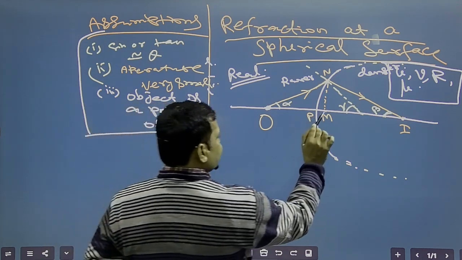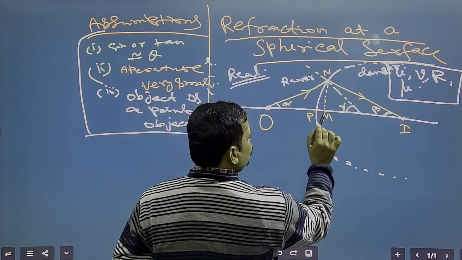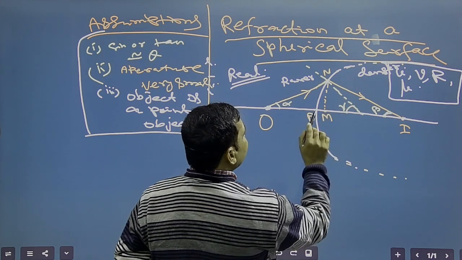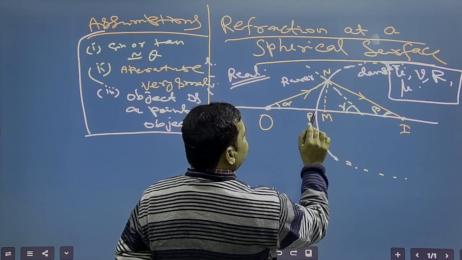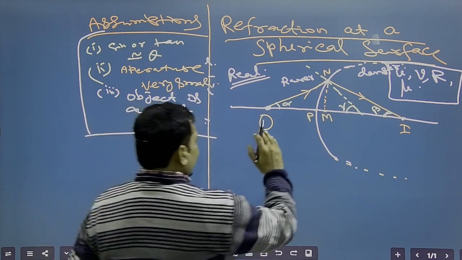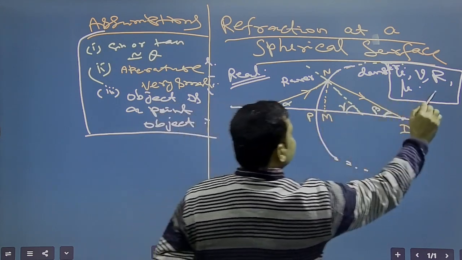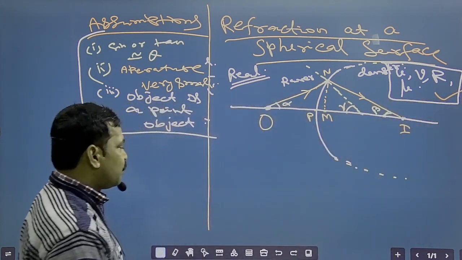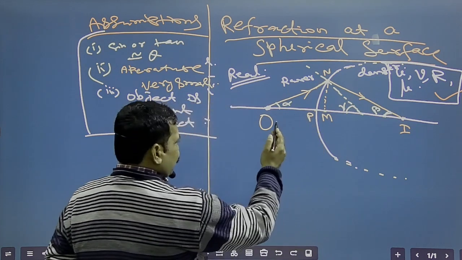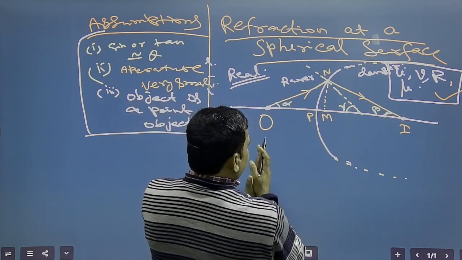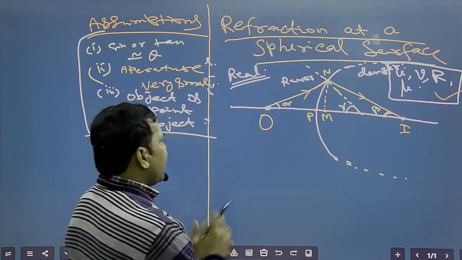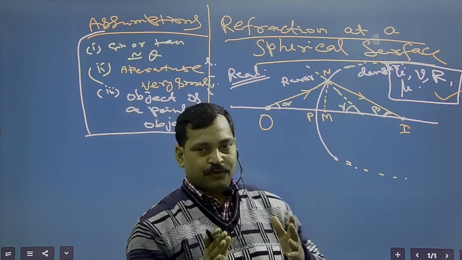Point M is very close to P. So during our calculations, the distances which are measured from M can be considered as the distances measured from P, right? To find out a relationship, which is the refraction formula at a spherical surface, we have to consider the triangles and their exterior angles, and we'll put in Snell's law, right?